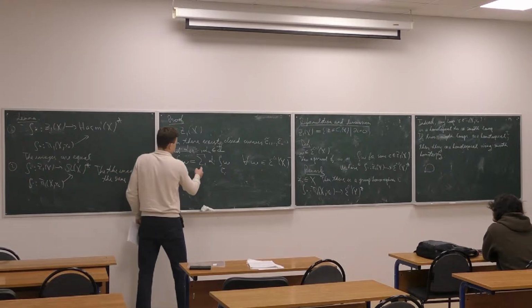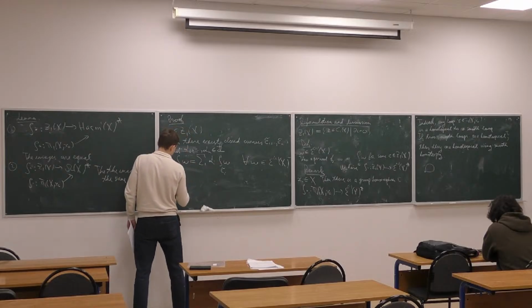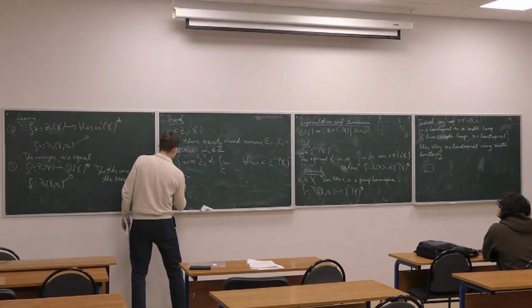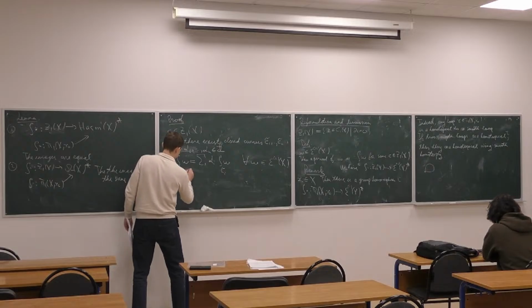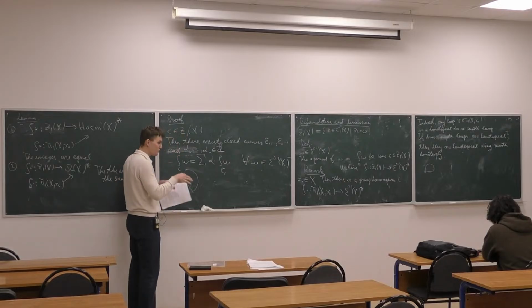If you think about it, this is what I wanted to say. This is easy. If you have a closed chain, then it looks like a combination of loops constructed from curves.